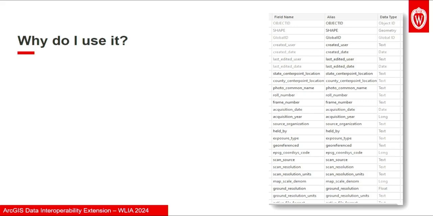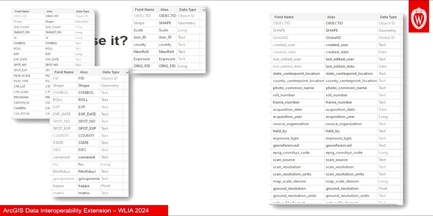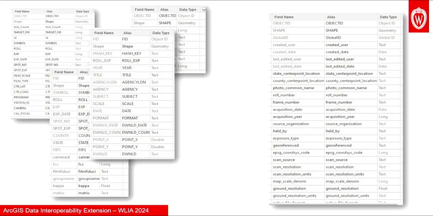Well, we get index points that come in from a wide range of sources that have different fields, different information available to us, and we need to get that all into one common data model. So what I've been using the interop tool for is really taking a whole bunch of disparate indexes and bringing them into a common data model.